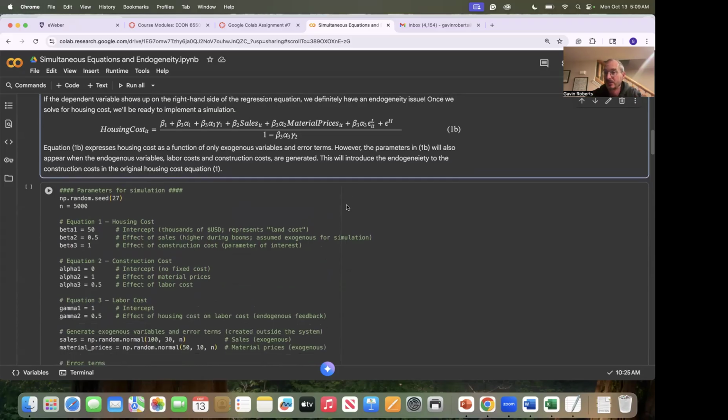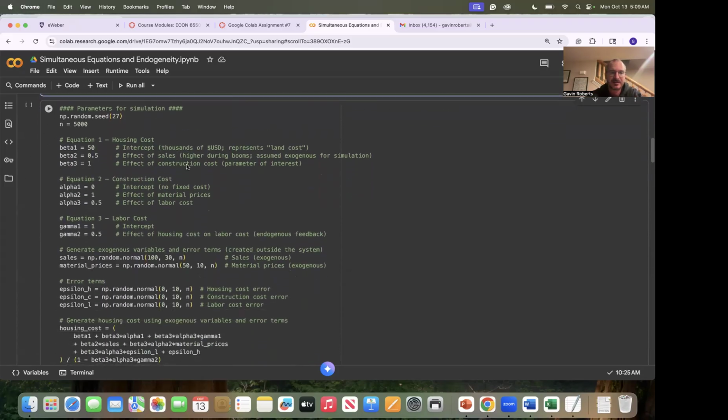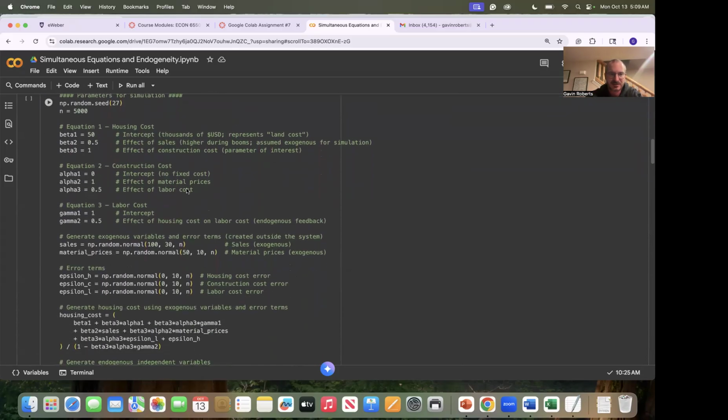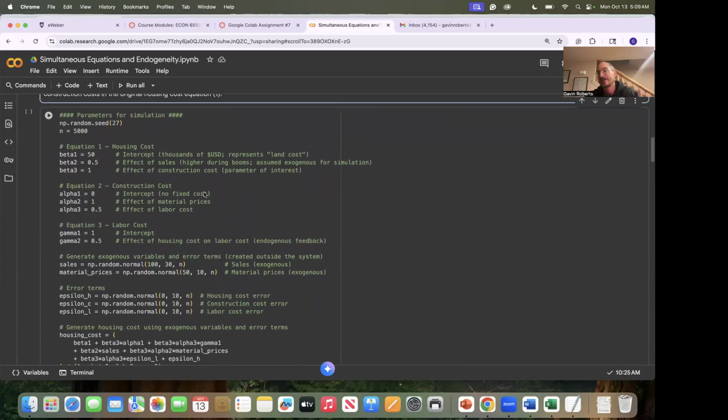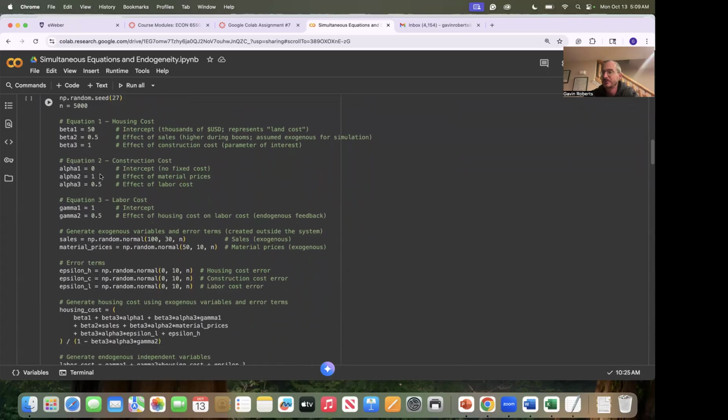So let's go ahead and look at how we had to simulate this data. I'm using 5,000 observations. I'm setting a random seed because that way I'll be able to get the same results back when I run the code again. So here I'm just setting up the population parameters. That's really the key to simulation: we are going to know what the answers to our questions are.